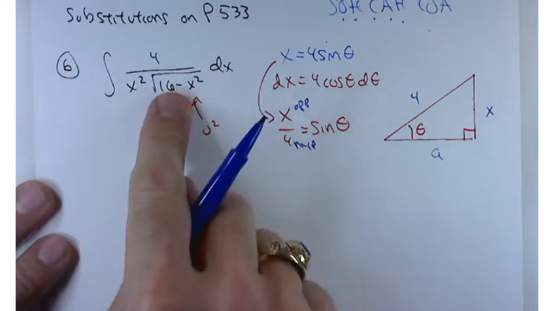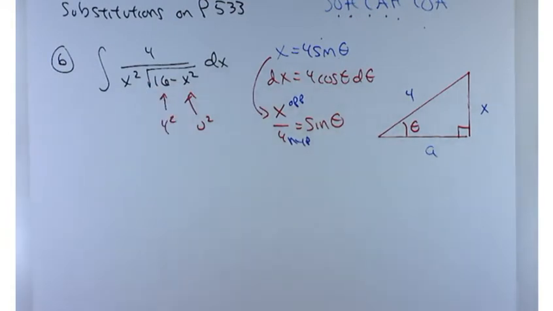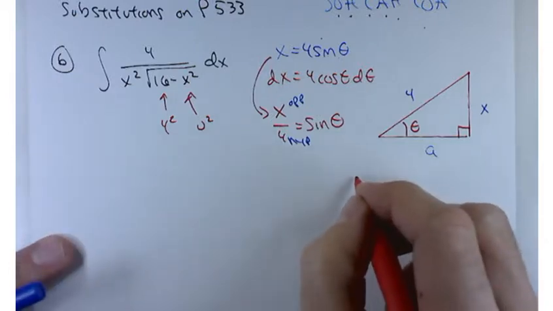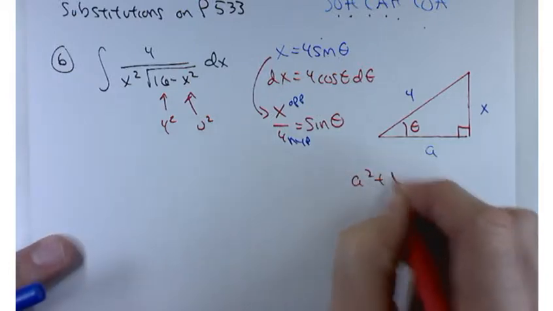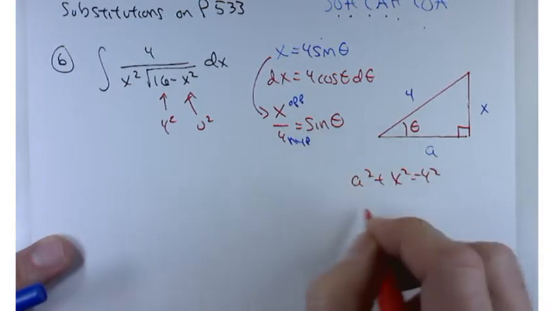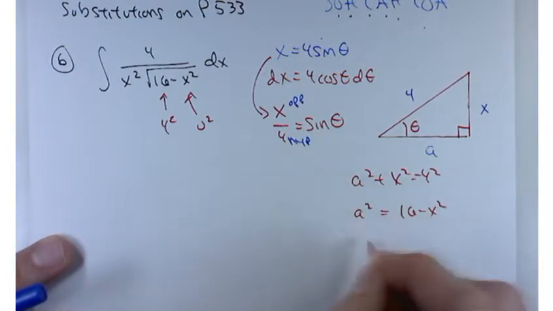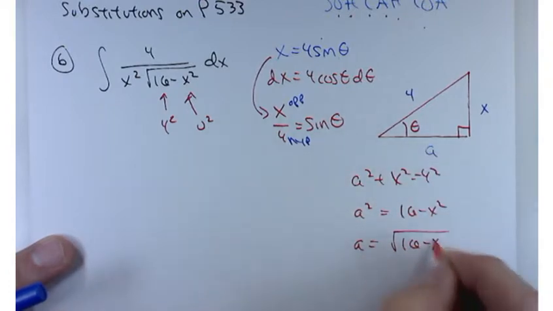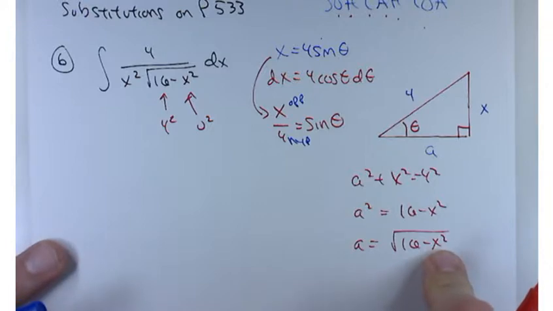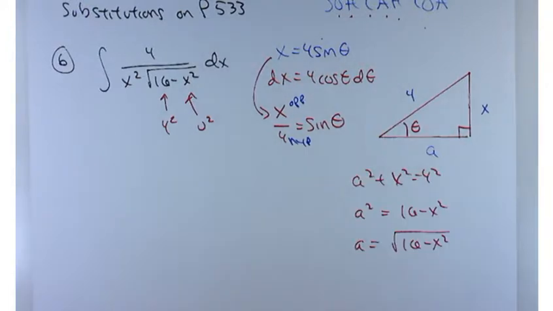I mean, some of you can already see it, and that's great. But you're going to get a squared plus x squared equals 4 squared. So a squared equals 16 minus x squared, solving for a. We'll take the positive root. We get a equals the square root of 16 minus x squared.